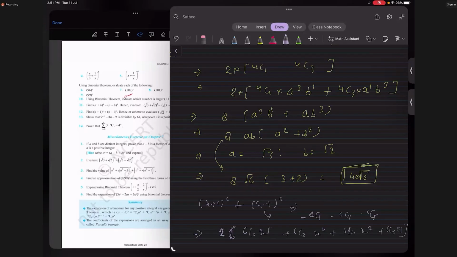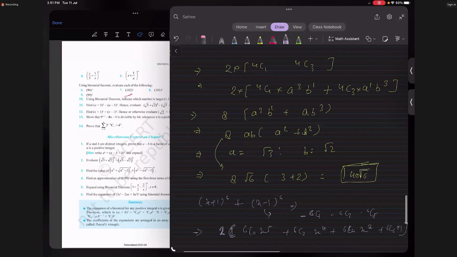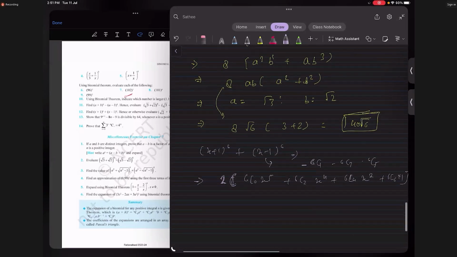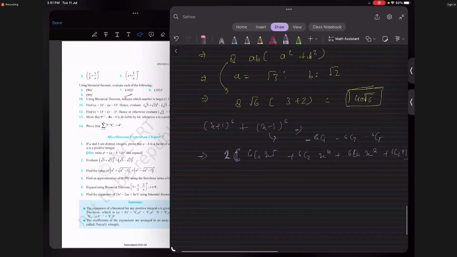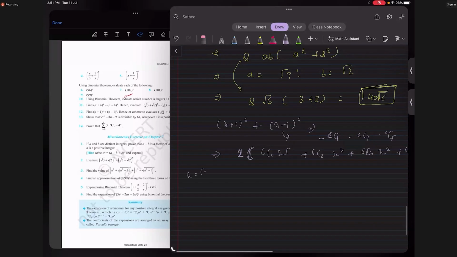This will be the final expression of these two additions. In the last stage, you can put x equal to root 2, and that would be your answer.